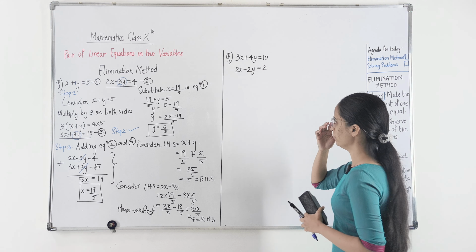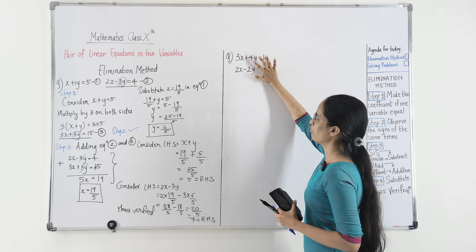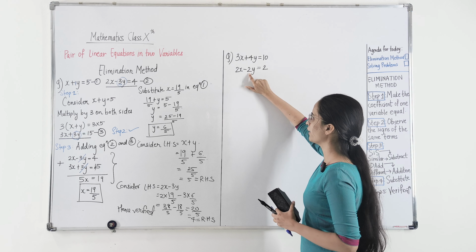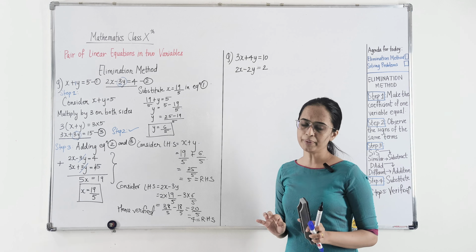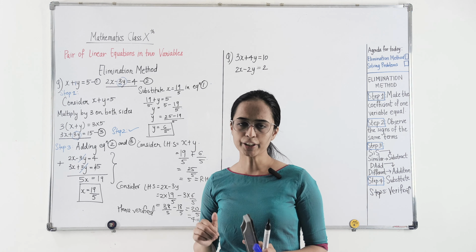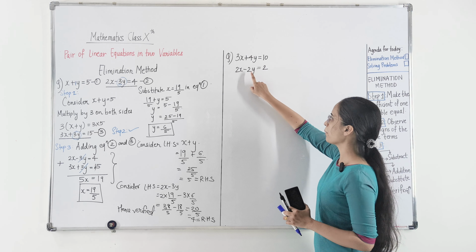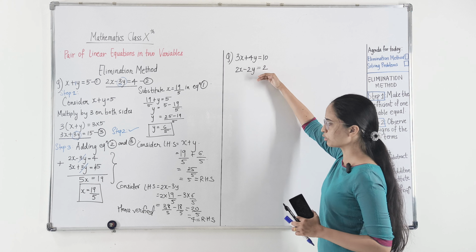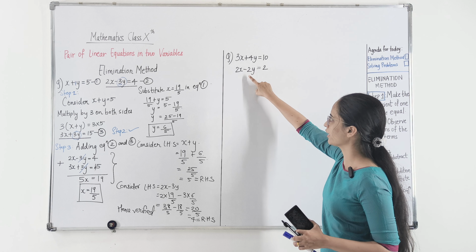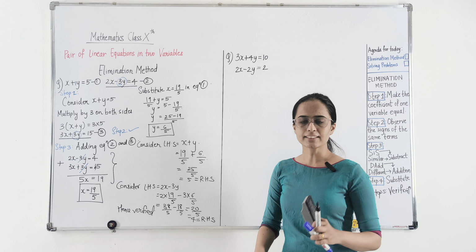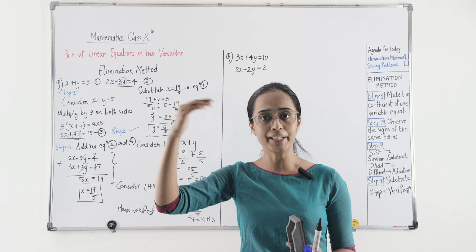So here if I observe closely, I have 2 over here, I have 4 over here. It's very easy to make 2 into 4 just by multiplying, because it is multiplication or division at most that we can do over here in order to make the coefficient same. So if you carefully observe, this time we will modify the second equation, and in the second equation we will modify the coefficient of y, because our main aim is to make it the same and eliminate it.